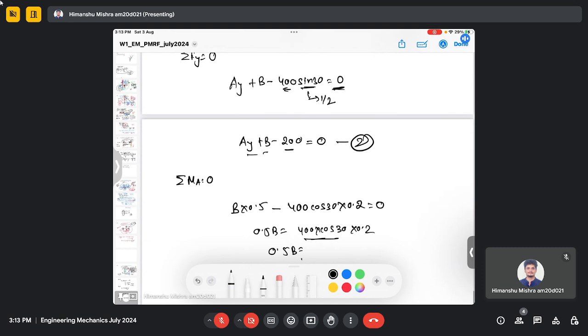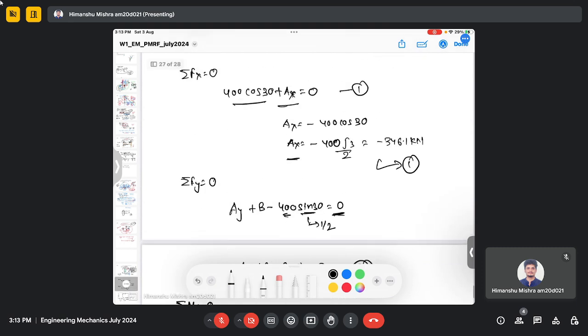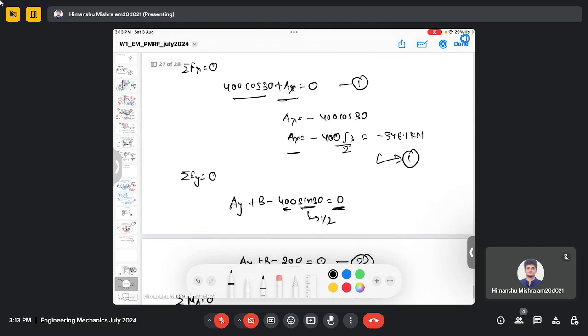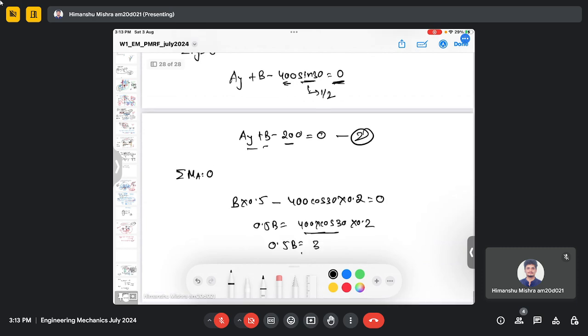So we already know 400 cos 30, which is 346. So B will be 346 multiplied by 0.2 divided by 0.5.